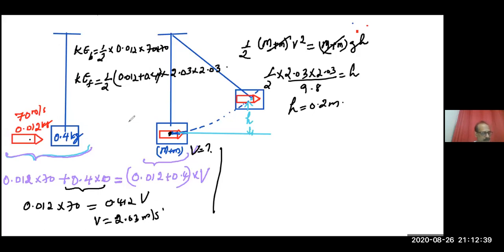So 2.03 is the common velocity, right? Then after this, you have to subtract KEF minus KEB: final kinetic energy minus kinetic energy of the bullet.